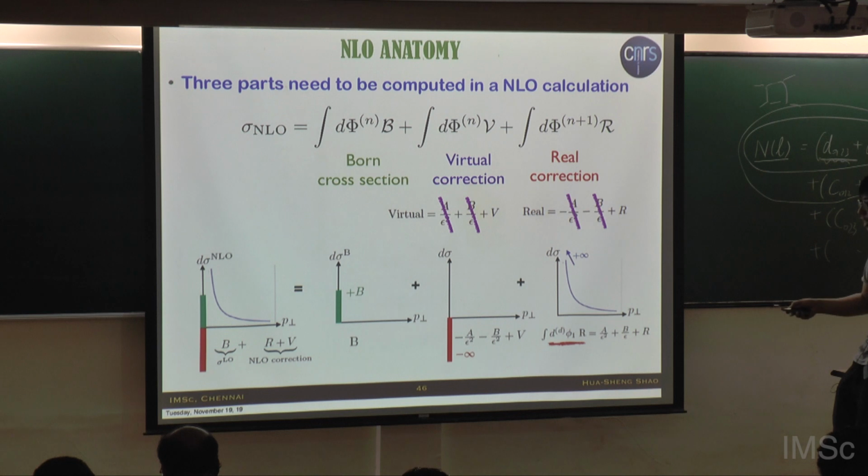Typically, if you're looking at the PT of the whole system, for example, Z production, you're looking at PT of Z at next-to-leading order, you'll see that Born is, of course, the delta function here, the blue one. And the virtual is also a delta function, but a very negative delta function because of the pole.